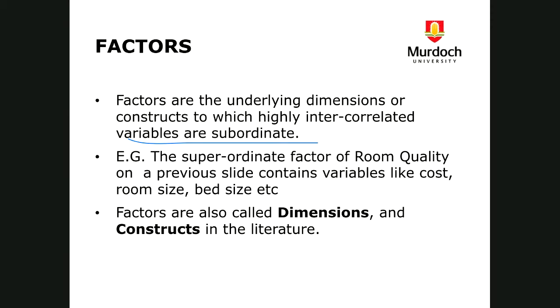You have to go and read those variables, and then you decide what the title is, because you know the data. All right? And also, those new variables that result from the interrelated variables together are called factors, or dimensions, or constructs. So factors, dimensions, or constructs.